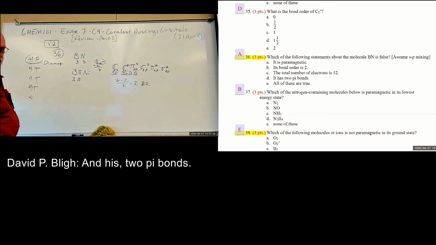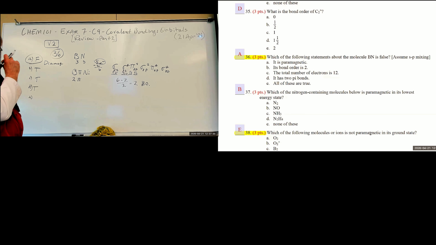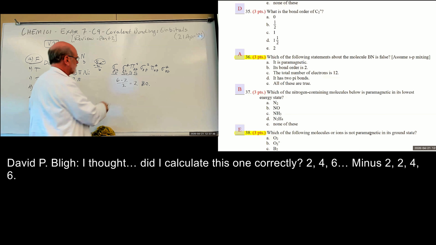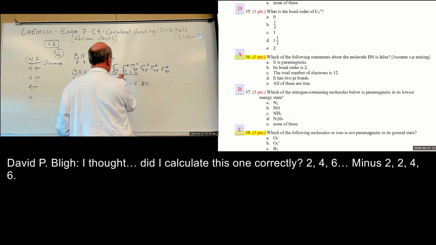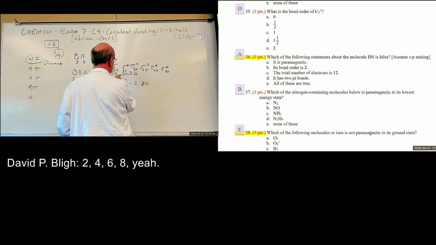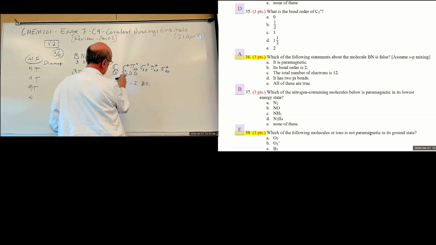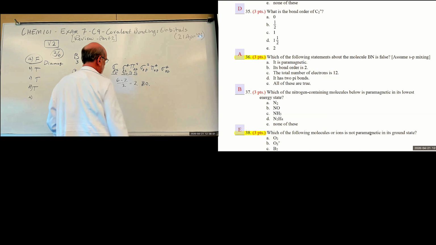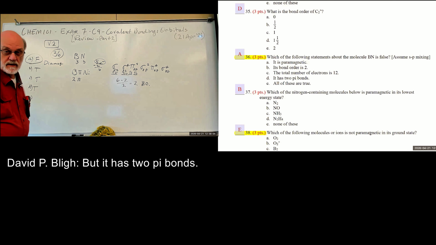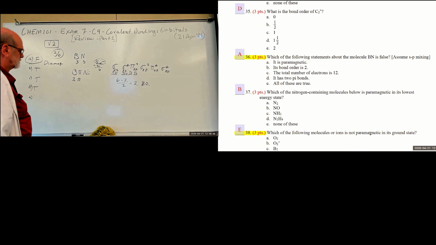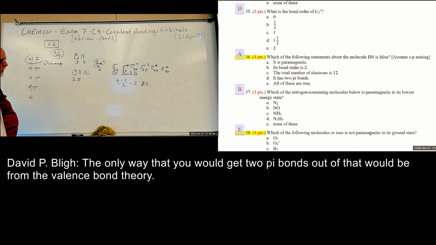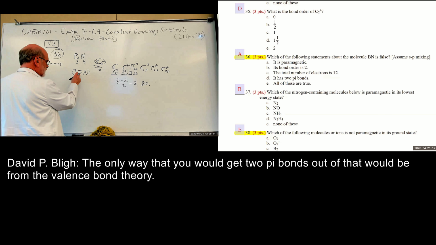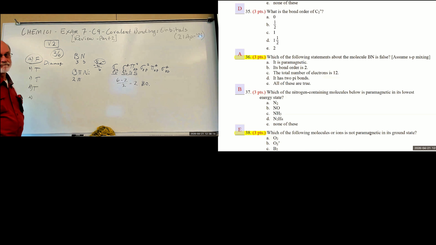Okay. And it has 2 pi bonds. Did I calculate this one correctly? 2, 4, 6 minus 2. 2, 4, 6, 8. Yeah. So that's 2, 4, 6 minus 2 is 4 divided by 2. That's the right bond order, but has 2 pi bonds. The only way that you would get 2 pi bonds out of that would be from the valence bond theory.